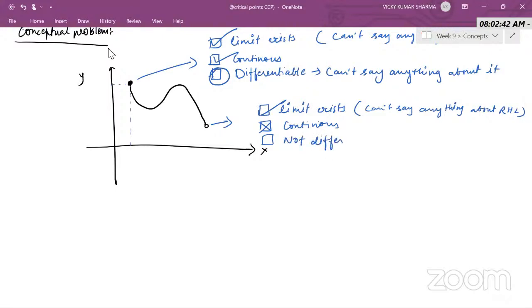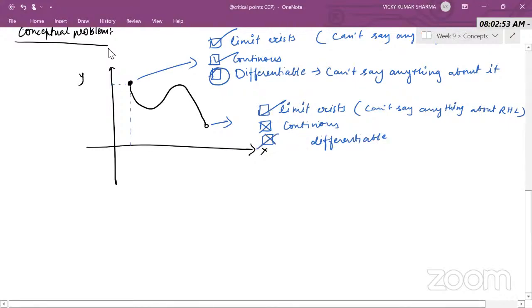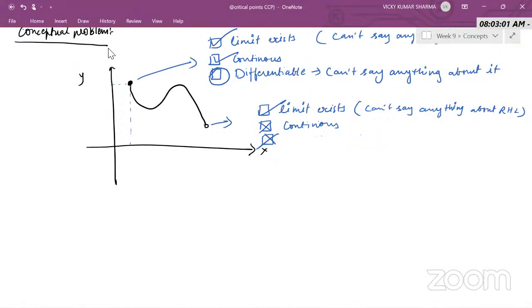This is the right thing to write. So the answer is no. Over here it is circled, because we cannot make any conclusion, but over here we can rightly say that this is not differentiable, right? I hope this is okay to all of us.